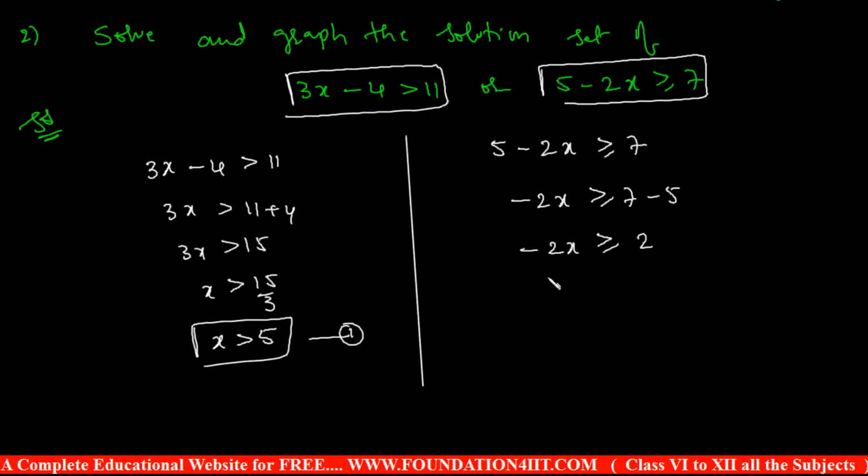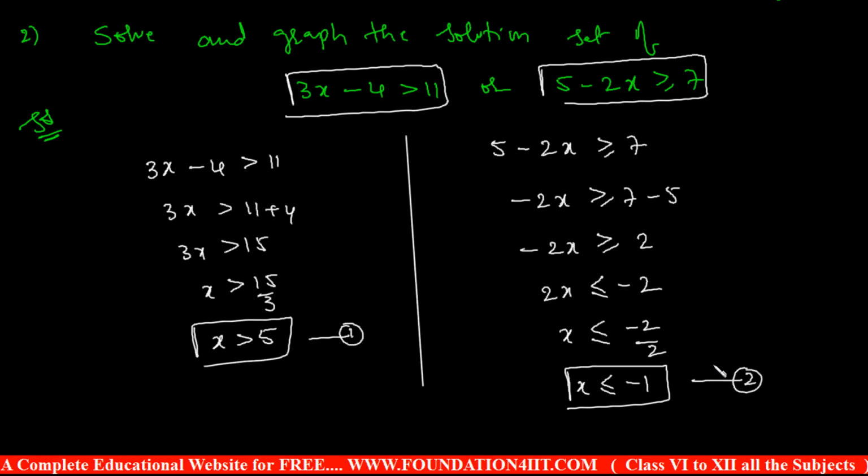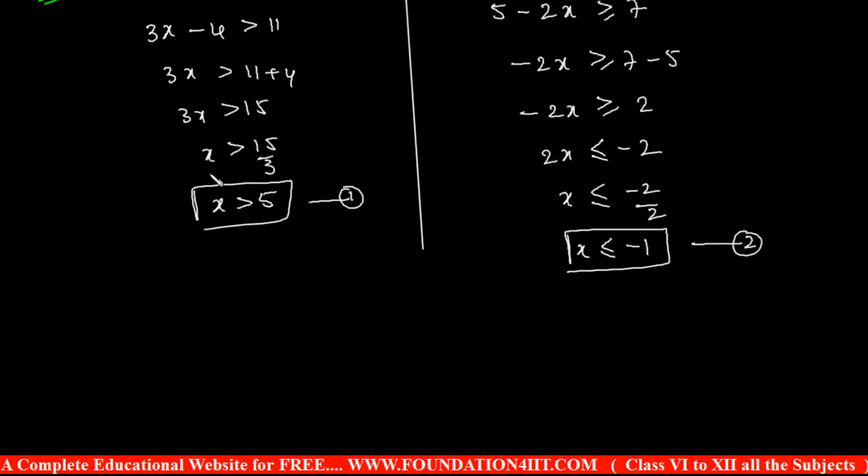To make this positive, multiply both sides by minus 1, so the sign is interchanged, that we know. So 2x is less than or equal to minus 2. x is less than or equal to minus 2 by 2. x is less than or equal to minus 1. Two cases: x is greater than 5 and x is less than or equal to minus 1. So we can't combine these together.